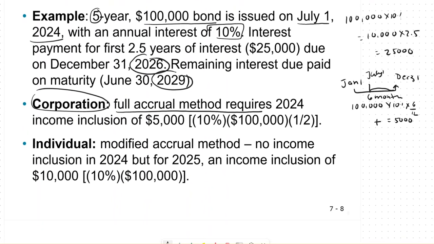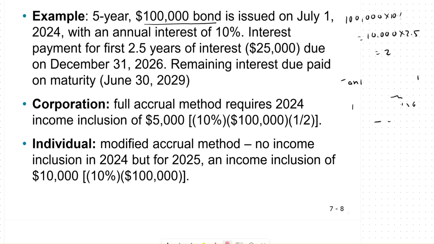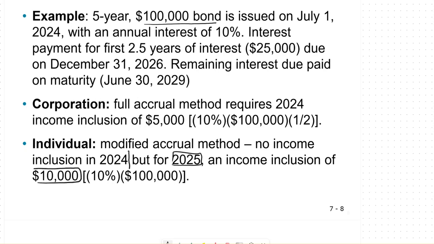However, from the individual's perspective, they use a modified accrual method. A modified accrual method is based on when they're going to get paid. In this case, we issued the bond on July 1st, 2024, and they will not be recording any income in 2024.